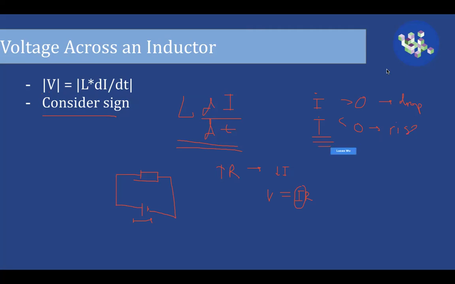Just remember the mechanism by which an inductor operates, and that way you can always reconstruct and judge whether the voltage will be a rise or a drop. Okay, that's a quick overview of voltage across an inductor. Let's move on.